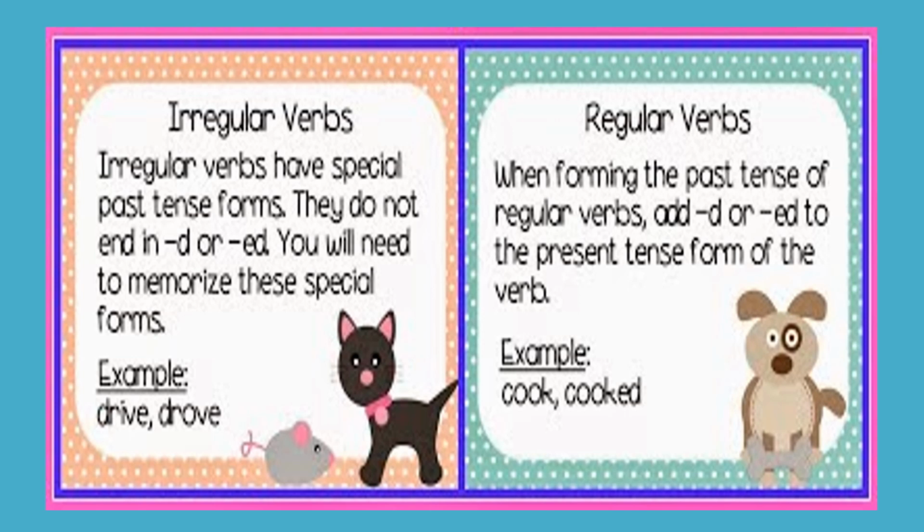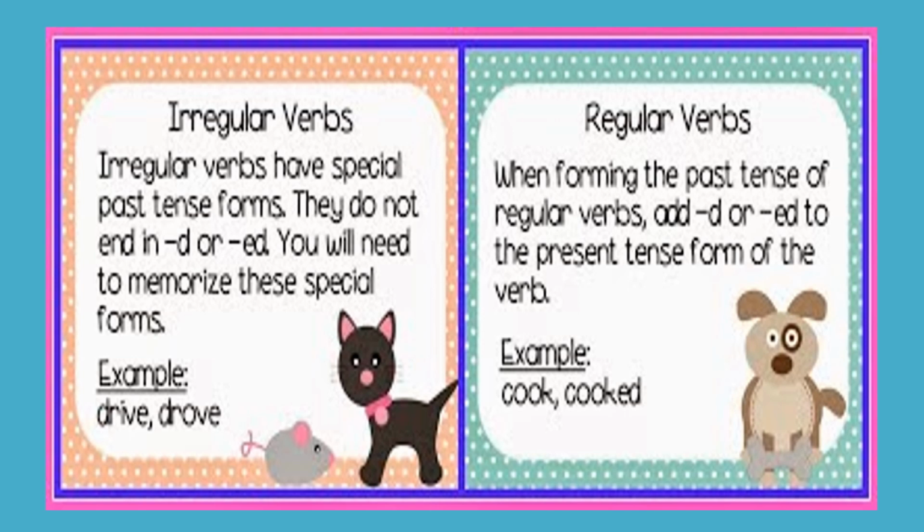Regular verbs. When forming the past tense of regular verbs, add the D or ED to the present tense form of the verb. Example, cook, cooked. Can you see the ED?